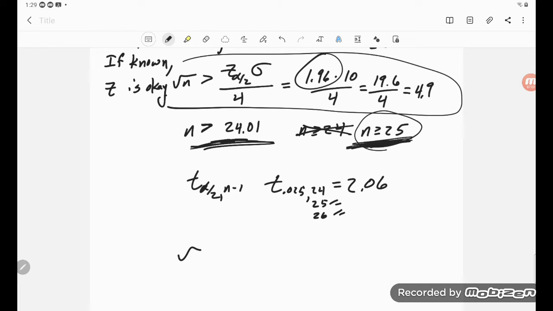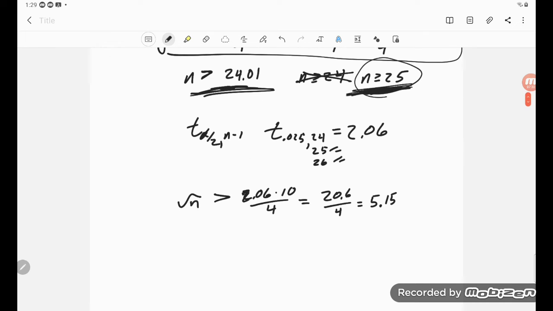So you got the square root of n needs to be bigger than, let's use 2.06, I guess, times 10 divided by 4. Well, that's 20.6 divided by 4, and that's 5.15. And so n has to be bigger than, oh shoot, what the heck is 5.15 squared?